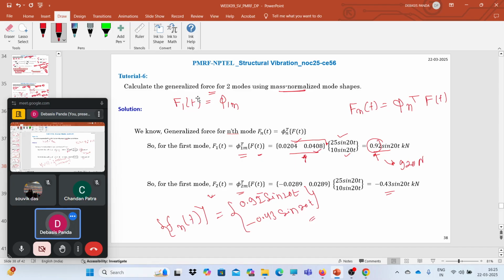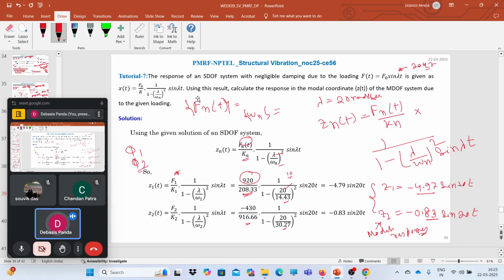We have the forces acting on two degrees of freedom, and the generalized force is nothing but phi n transpose F. They have particularly asked for the mass normalized mode shape, which means you need to do all the calculations with respect to the mass normalized mode shape, and using this we have calculated the generalized forces.